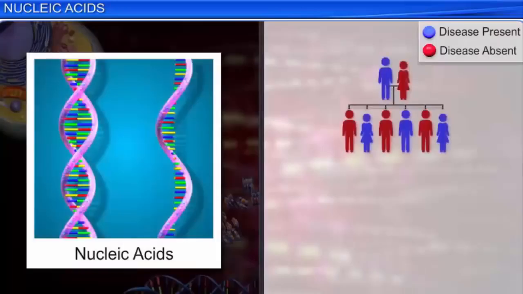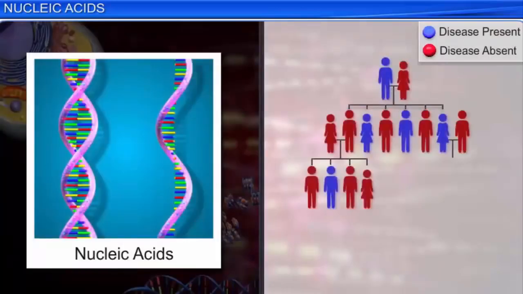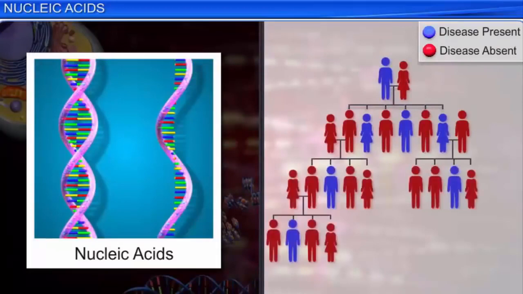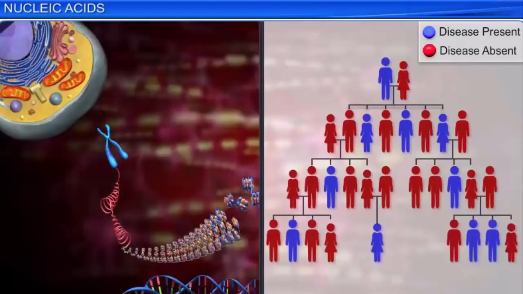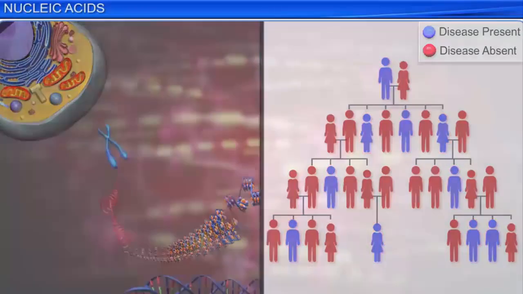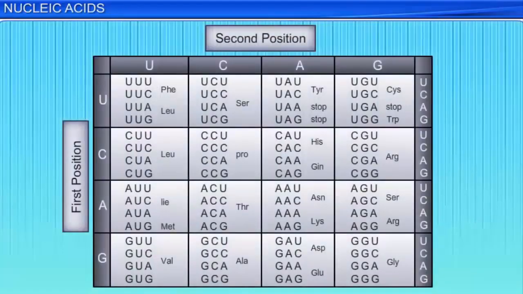Nucleic acids play a number of important biological roles. They are the chemical basis of heredity, storing genetic information while also allowing for changes between generations. Each species has a unique genetic code with a specific number of chromosomes.